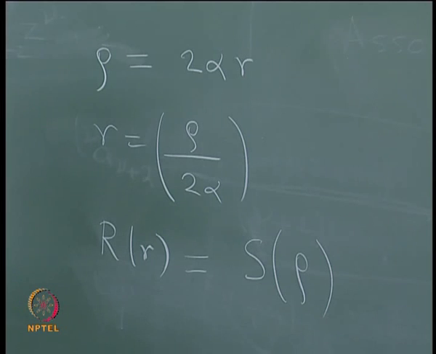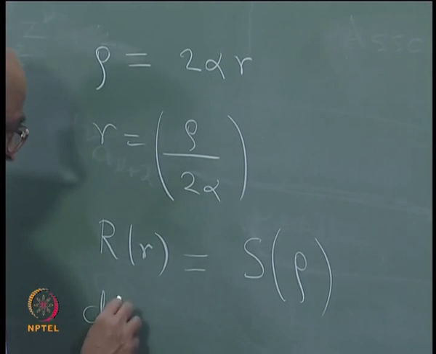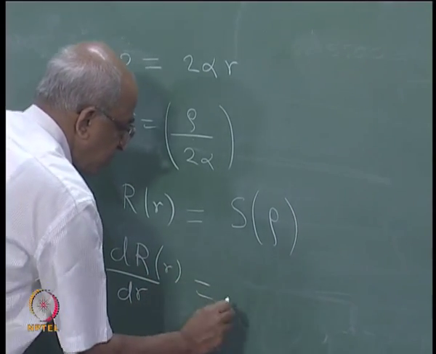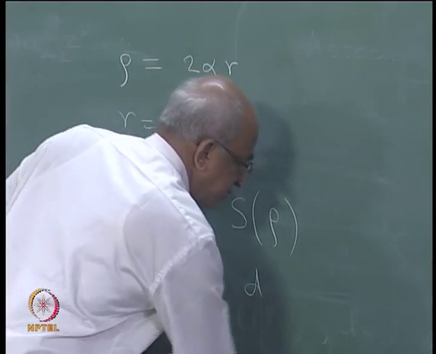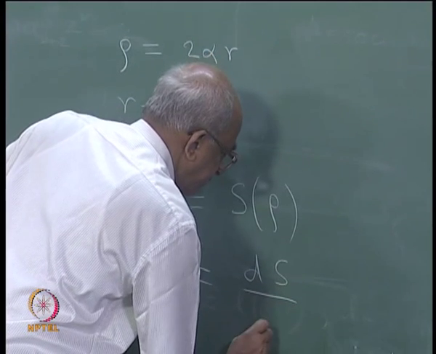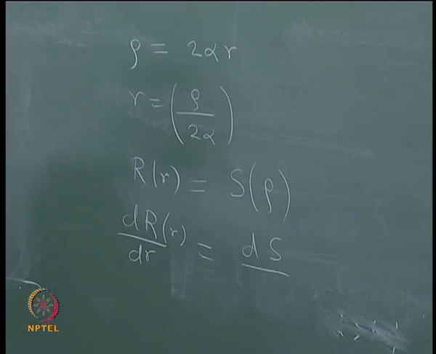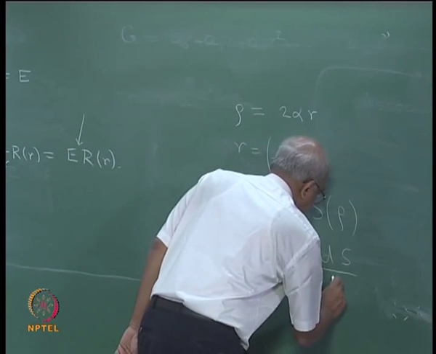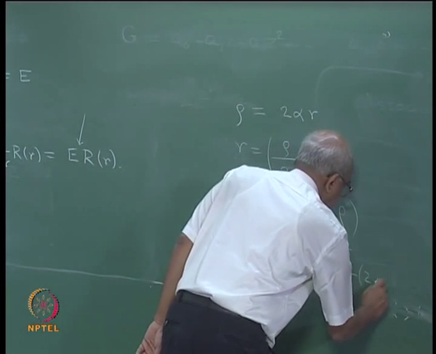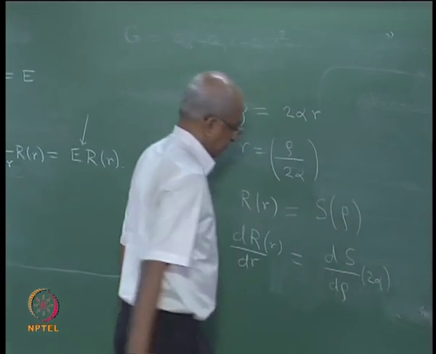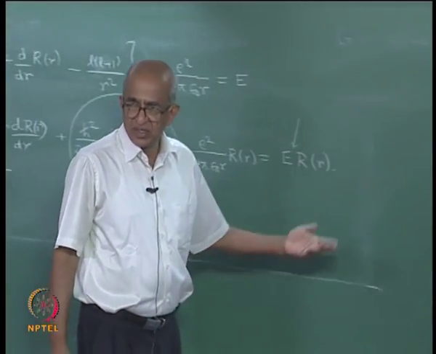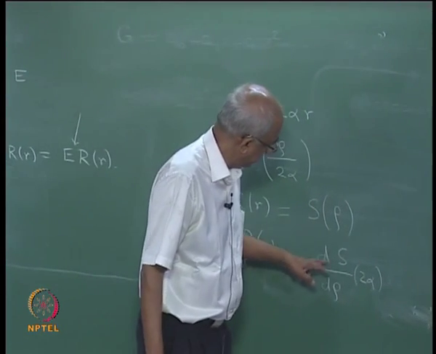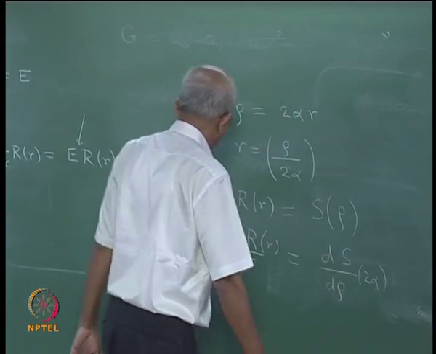So, if you think of dR by d small r, that will be equal to dS divided by what? r is rho by 2 alpha. So, therefore, naturally you will get d rho into 2 alpha. Okay. So, d capital R by dr may be written as dS by d rho times 2 alpha.